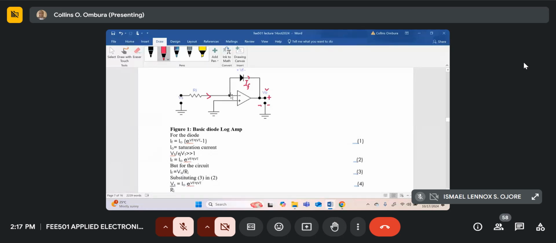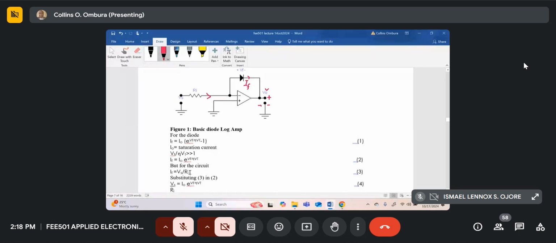And since we're assuming an ideal op-amp, this current won't go into the op-amp. Instead, it will go through the diode and form the current IF. So we can write that IF is just Vs divided by R1.